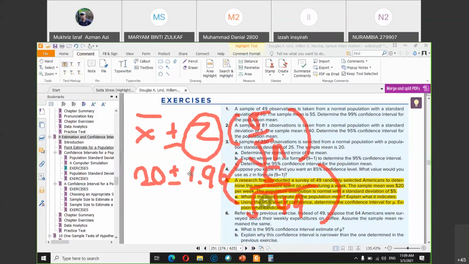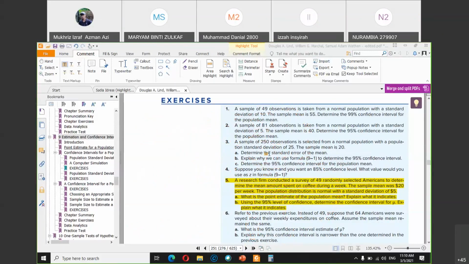So 20 plus minus 1.96 multiplied by 5 over the square root of 49. Then solve this, and you should get your lower boundary and also your upper boundary. So this will be your lower boundary, comma, and this will be your upper boundary. So you can check the answers at the back. I'm sure you have answers for all the odd number questions.